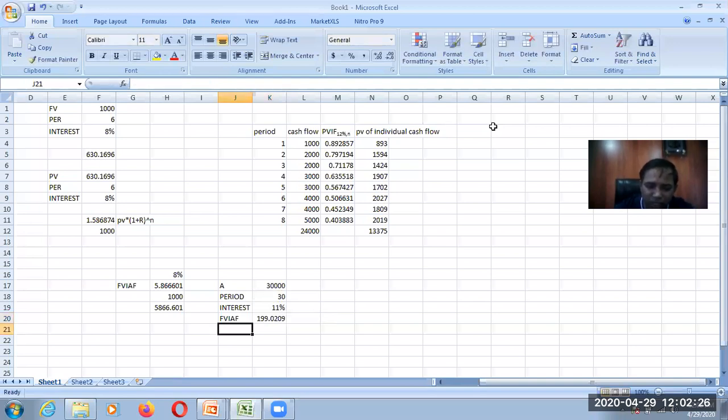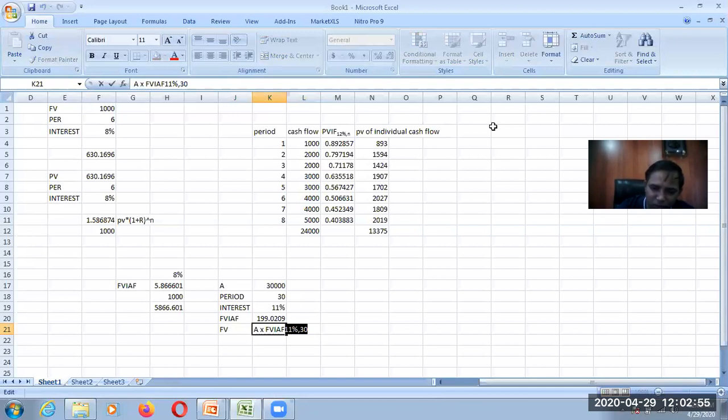So my interest annuity factor is 199.0209, and my future value will be, future value is equal to A multiplied by the future value interest annuity factor at 11 percentage and 30 years.